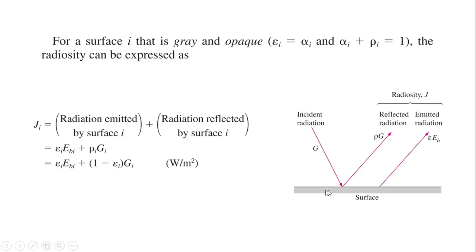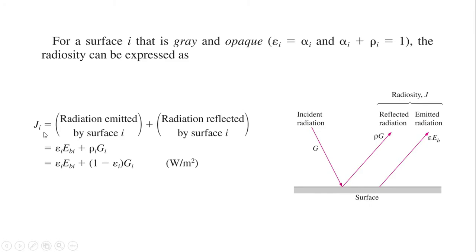We have just said in the previous slide that for opaque and gray surfaces the transmittivity is equal to 0, so the equation becomes absorptivity plus reflectivity equals 1, and in this case the emissivity would be equal to the absorptivity. So the radiosity can be expressed for this surface by this formula.